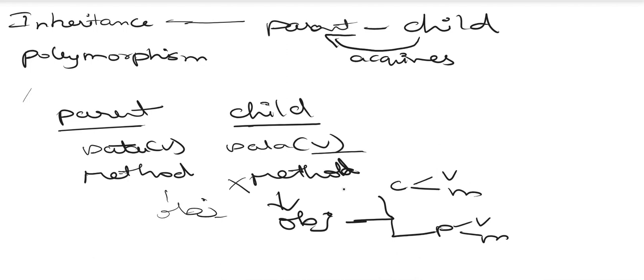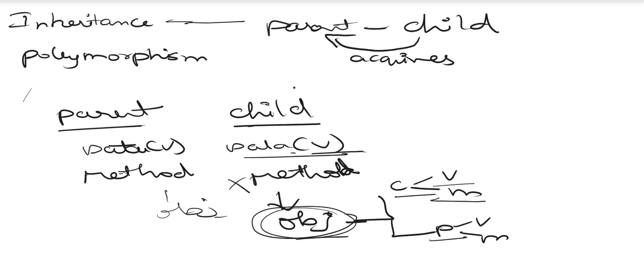So we create only one object. This is the most useful part of inheritance. If we create an object of the child class, we can access both variables and methods of the child class and the parent class. This is the main use of inheritance.